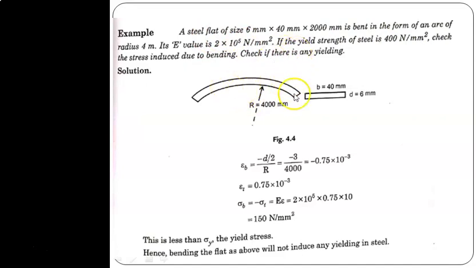You see that when it bends like this, we are going to find its fiber stress. So we know that epsilon b is equal to minus d by 2 divided by r. Here the arc radius is given, therefore minus d by 2 divided by r.